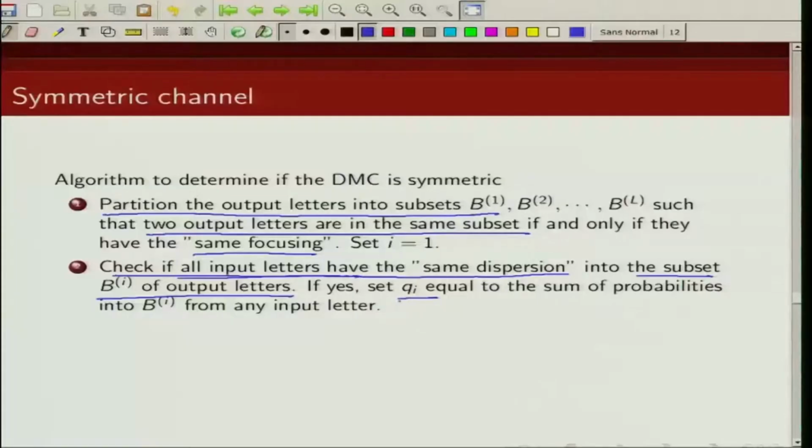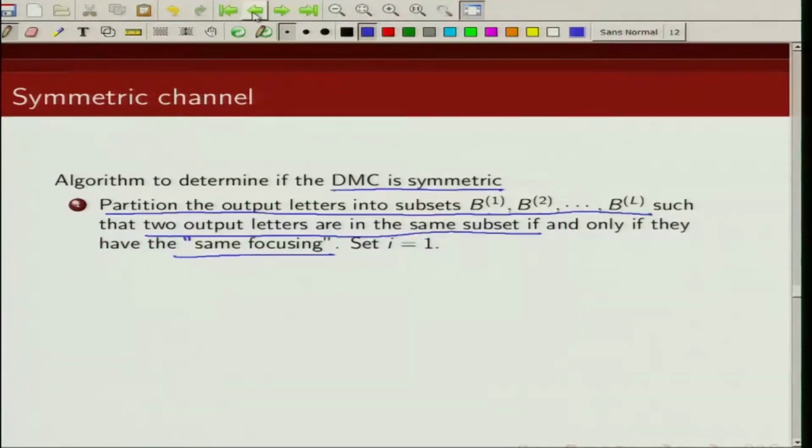now we need to see whether all the inputs have the same dispersion into that subset, and if that is the case, then we set Qi to be equal to the sum of probabilities of these transition probabilities into that particular set.